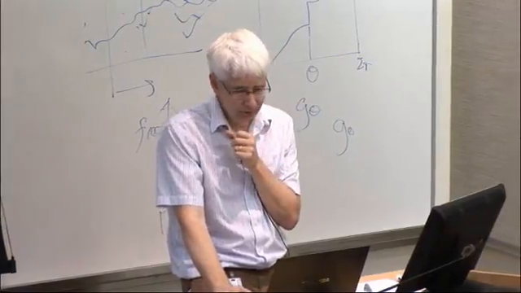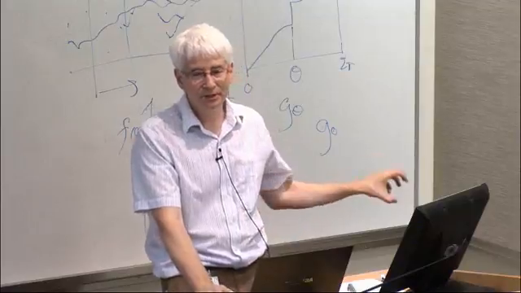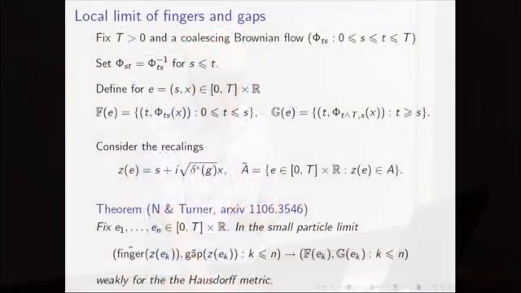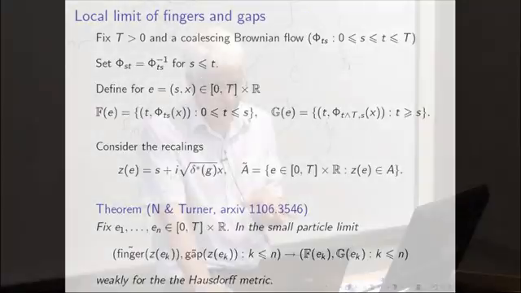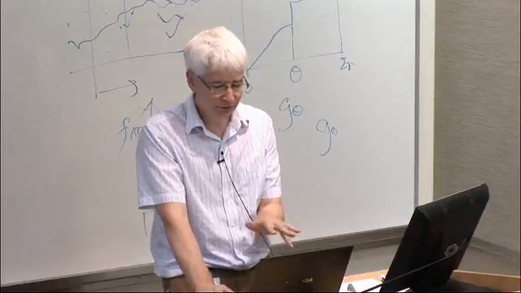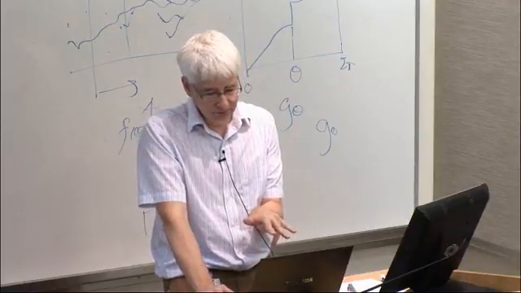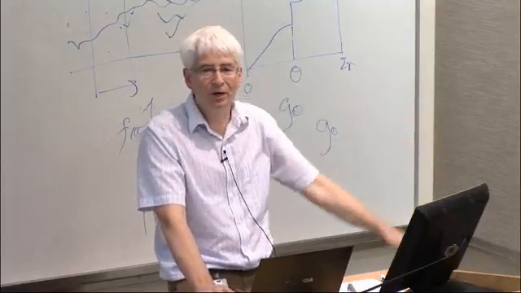Because we know essentially where all the particles are by the earlier theorem, we can establish the limiting shapes of the fingers and the gaps by referring the particles to their thetas, which are coming from the harmonic measure.